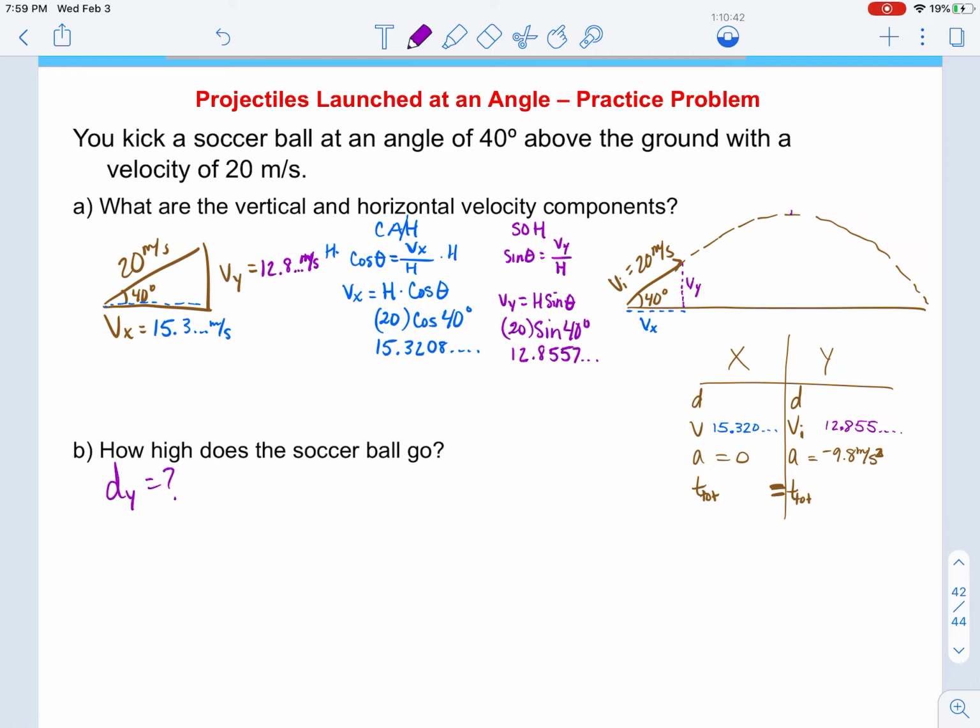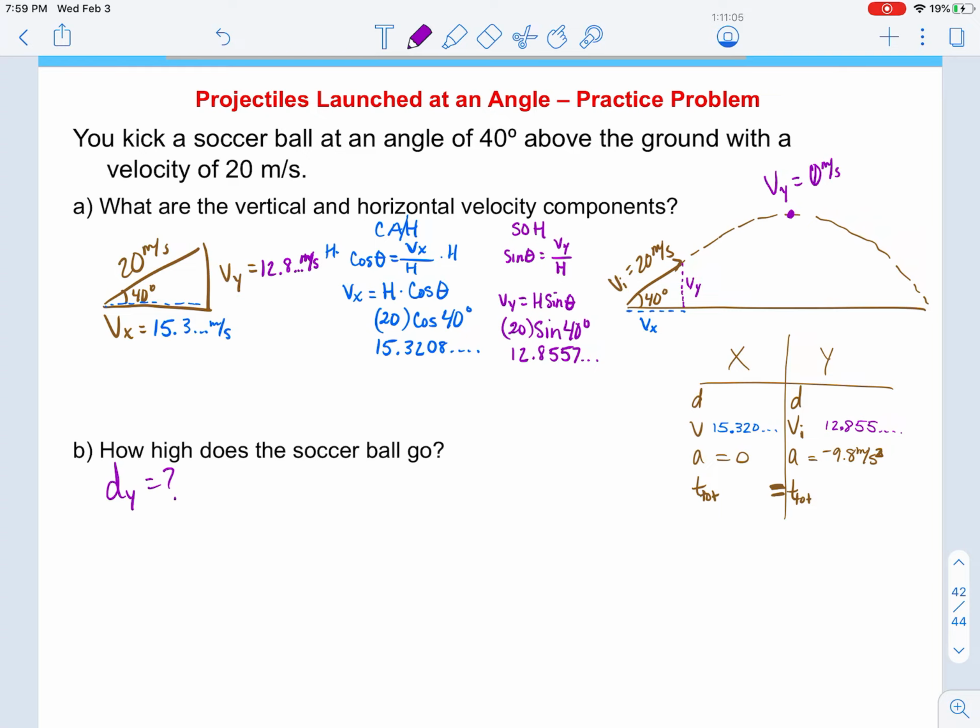My projectile at the highest point would be right here. So here is the displacement that we are currently solving for. I need to recall that at the highest point along the vertical axis, my object has a velocity of 0 at the very top.